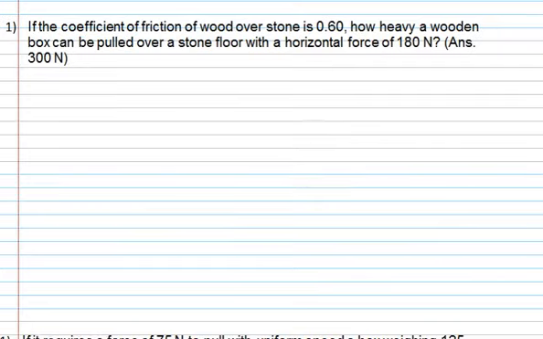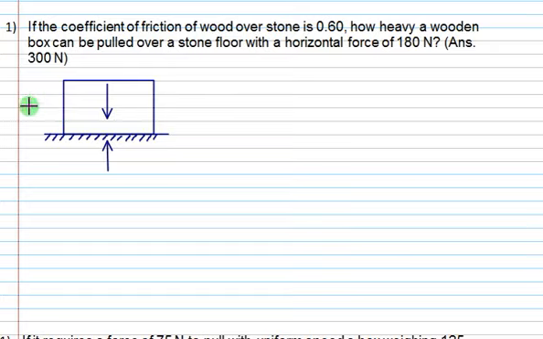The coefficient of friction of wood over a stone is 0.6. How heavy a wooden box can be pulled over a stone floor with a horizontal force of 180 Newton? You need to find out the weight of the block. So show the weight, normal reaction, external force and the friction.